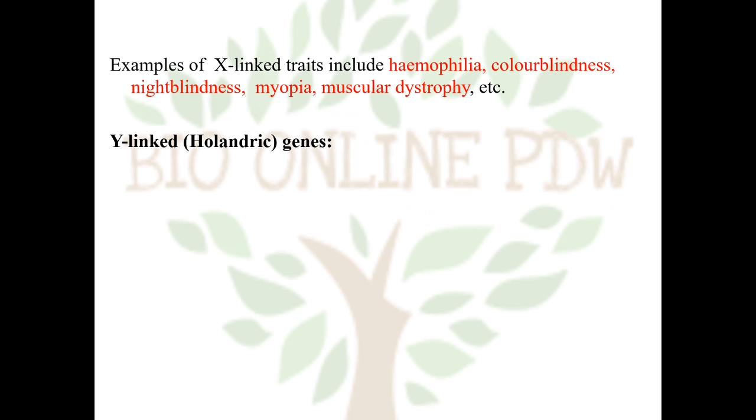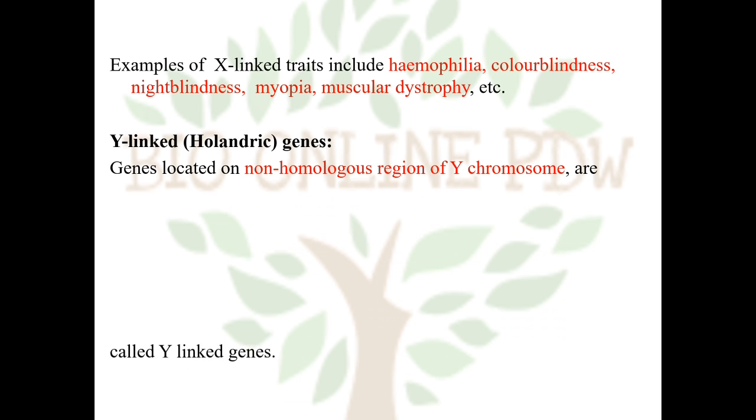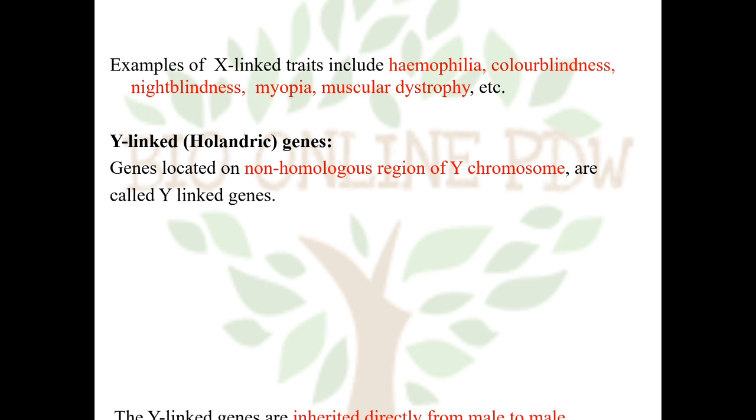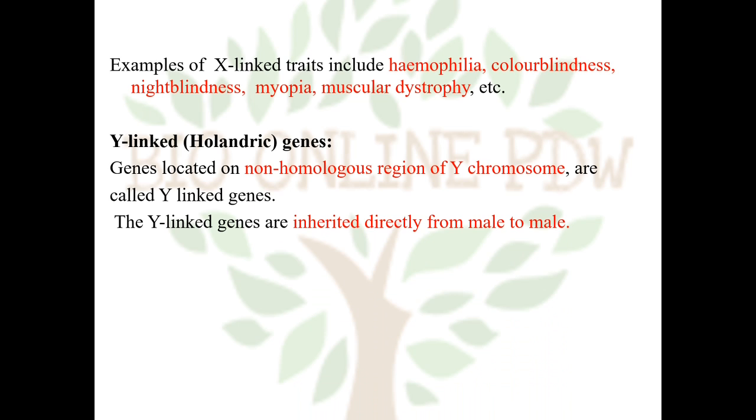The second type are Y-linked genes, also called Holandric genes. Genes which are located on non-homologous region of Y chromosome are called Y-linked genes. The Y-linked genes are inherited directly from male to male. An example is hypertrichosis.